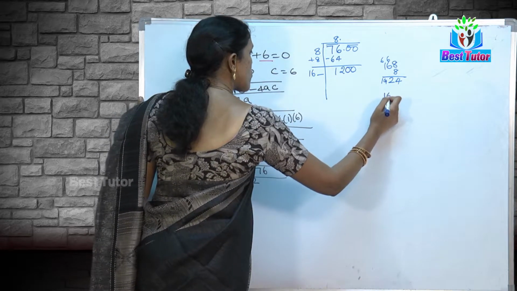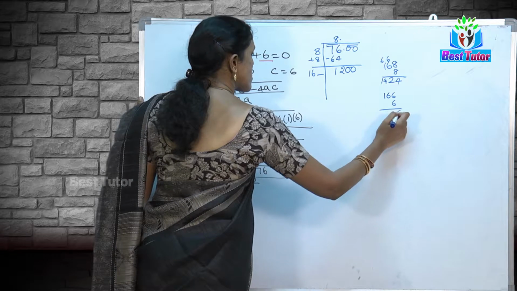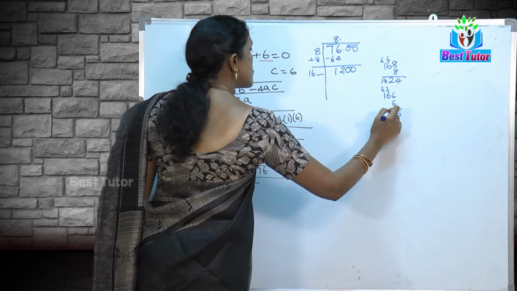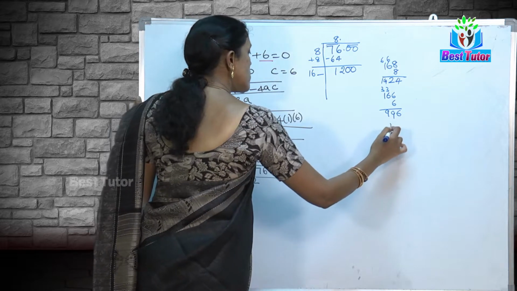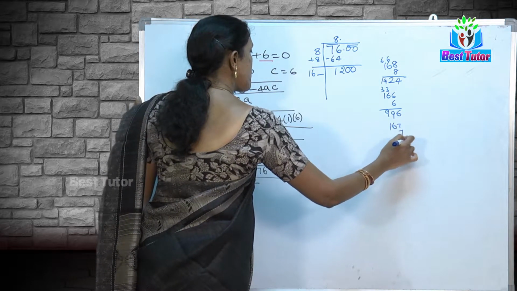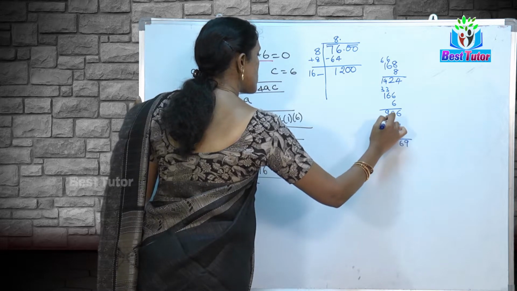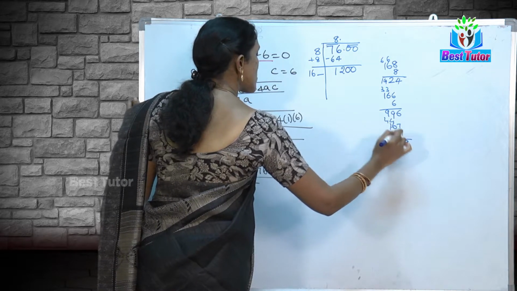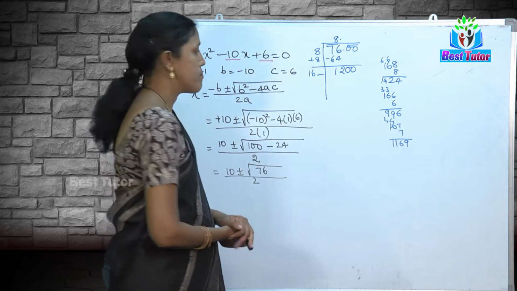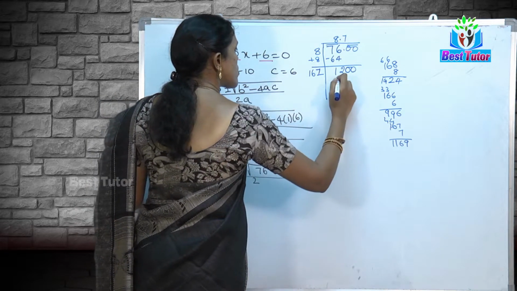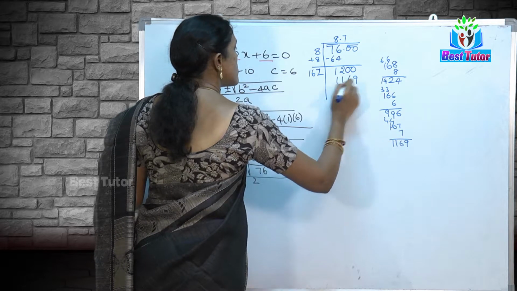So let us try with 167 into 7. 7 7s are 49, 7 6s are 42 plus 4 is 46, 7 1s are 7 plus 4 is 11. 1169 is a suitable number. So it should be 167 into 7, which is going to be 1169.